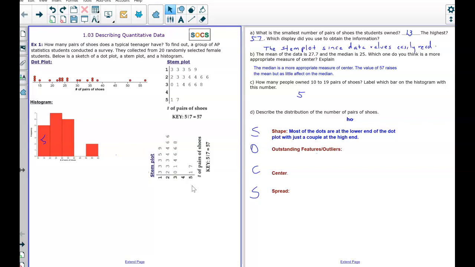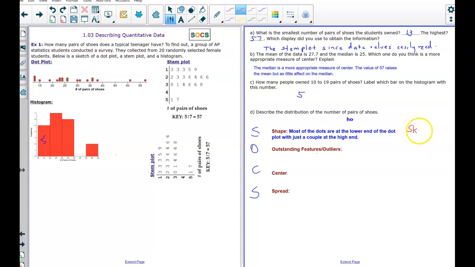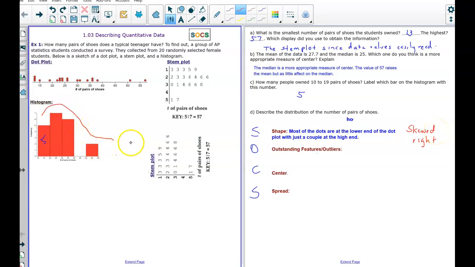When that happens, we say that the distribution is skewed to the right. We actually consider this a tail, and the tail is towards the right. So the distribution is skewed to the right.